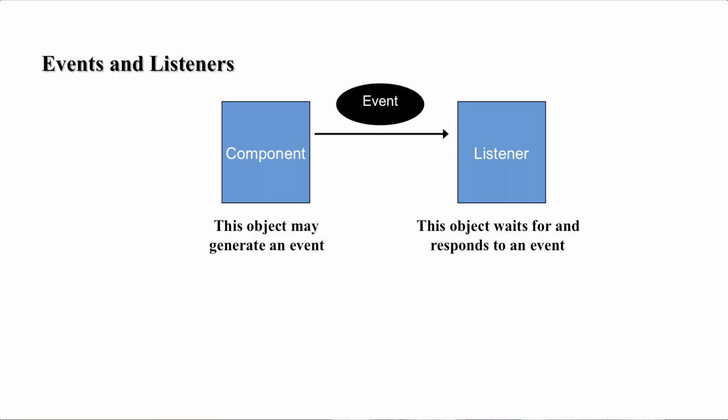Now look at this event listener diagram. Component and listener are there. The object may generate an event, and the listener is ready to receive that event notification as it is registered with the event, and in response it will perform some sort of action.